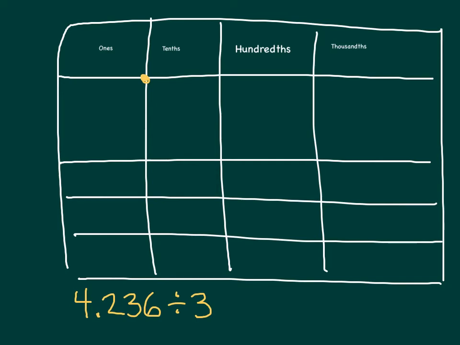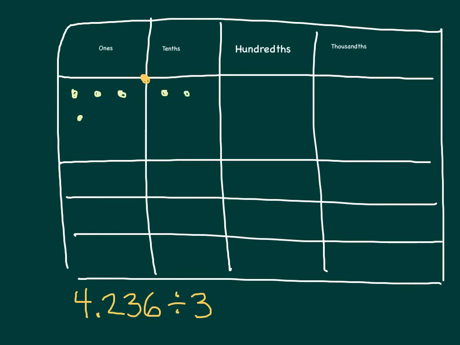So I'm going to start out by just filling in my chart with place value discs to show the number. So you can see here I have 4 ones. So I'm going to write in 4 dots in my ones place. I have 2 tenths. So I'm going to write 2 tenths.